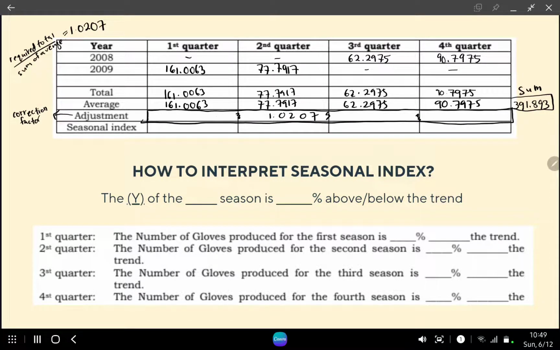So our adjustment, or correction factor, is 1.0207. Now that we have the correction factor, we need to calculate our new seasonal index. The formula is as stated in the previous slide, which is the average multiplied with the correction factor.